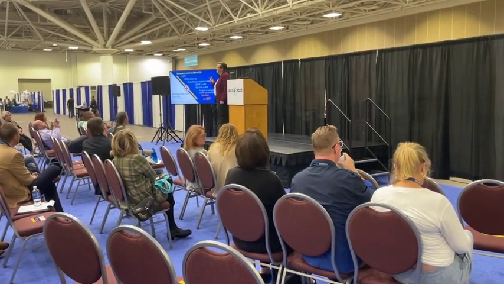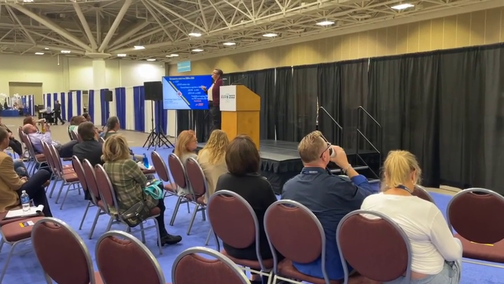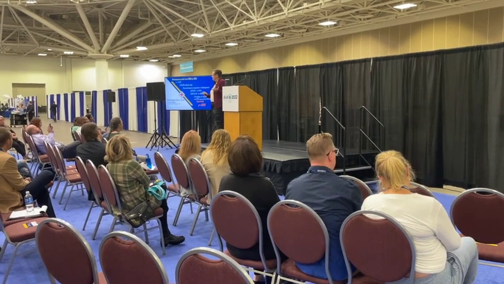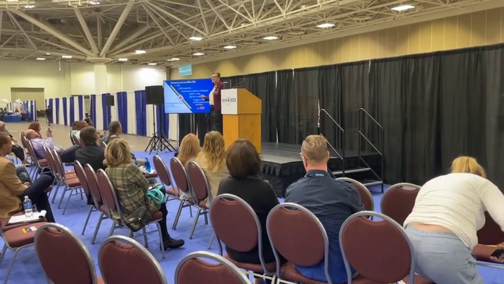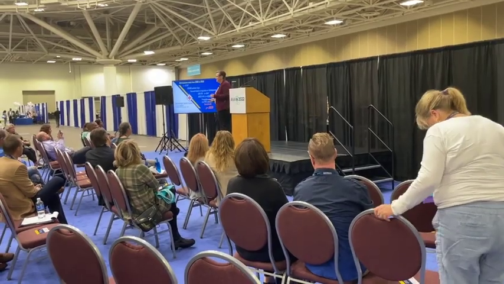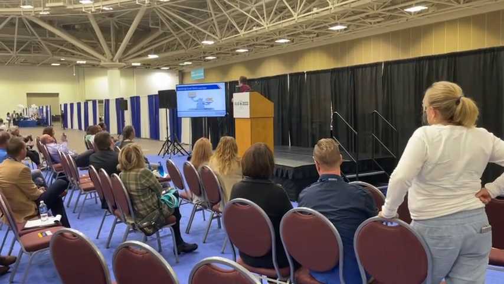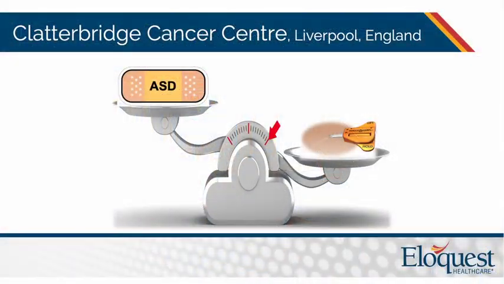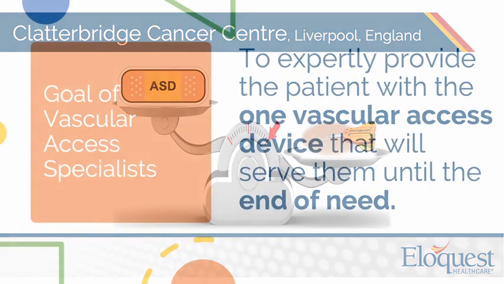So if I'm the patient and I get to choose that I have a 98% chance of just having one line secured with a SecureCath versus an 80% chance of losing my line, not much of a question, is it? Maybe we should get the patient's opinion on what they would like their line secured with. Okay, so in the Clatterbridge study, obviously SecureCath, there were 2 different adhesive securement devices used, and they did much better with SecureCath.